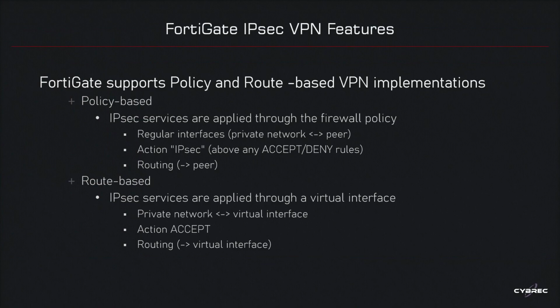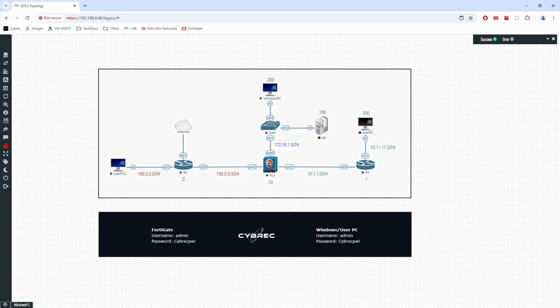So going back to our example, to our topology here, if this was route-based implementation, the first thing is that inside of the policy, I would say that my source interface would be configured. Well, this actually does not change.